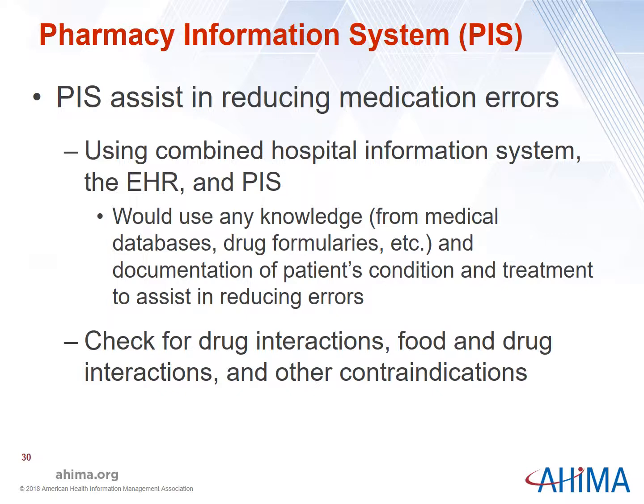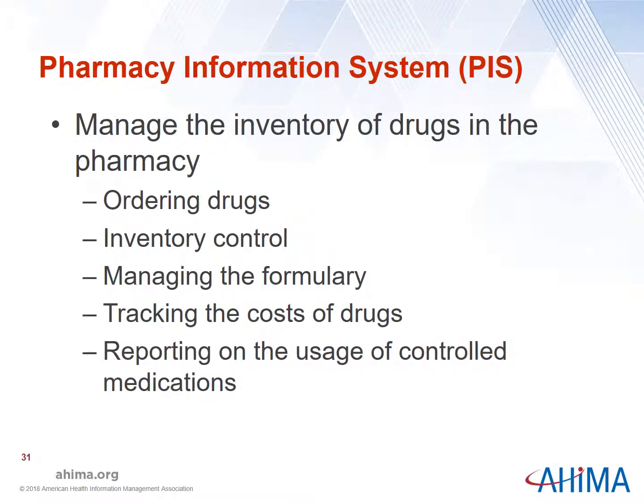PISs can check for drug interactions, food and drug interactions, and other contraindications. The PIS can also manage the inventory of drugs in the pharmacy. This includes ordering drugs, inventory control, managing the formulary, tracking the costs of drugs, and reporting on the usage of controlled medications.